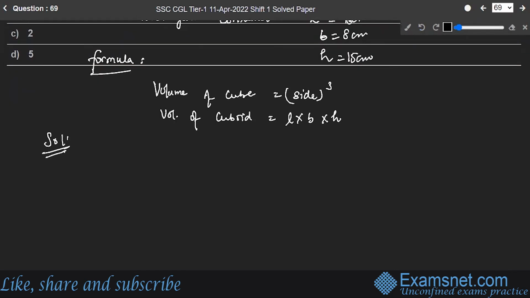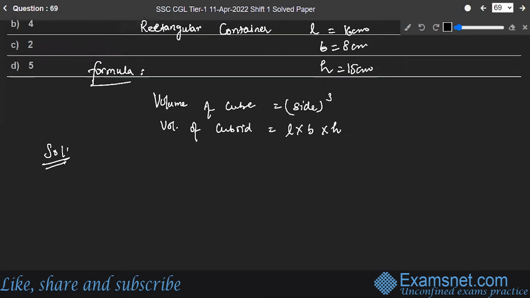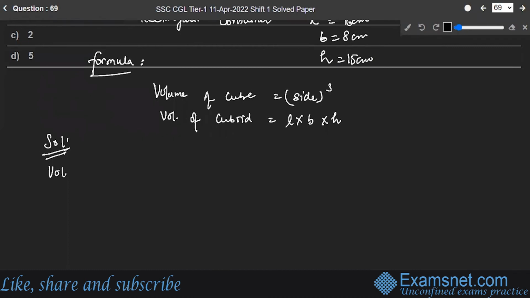So, you are given that the cube was submerged in the container and the water rose, right? It rose a bit. So, what is the height to which the water rose? That means volume of cube is equal to volume of rectangular container, right?